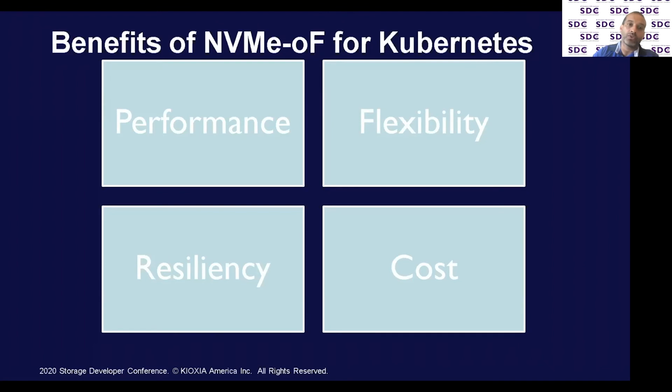Remember, I showed in one of the earlier slides how local storage versus network storage, when it's connected through NVMe over fabric protocol, the delta is negligible. So even if the storage is coming from network, performance does not degrade, but you get flexibility.